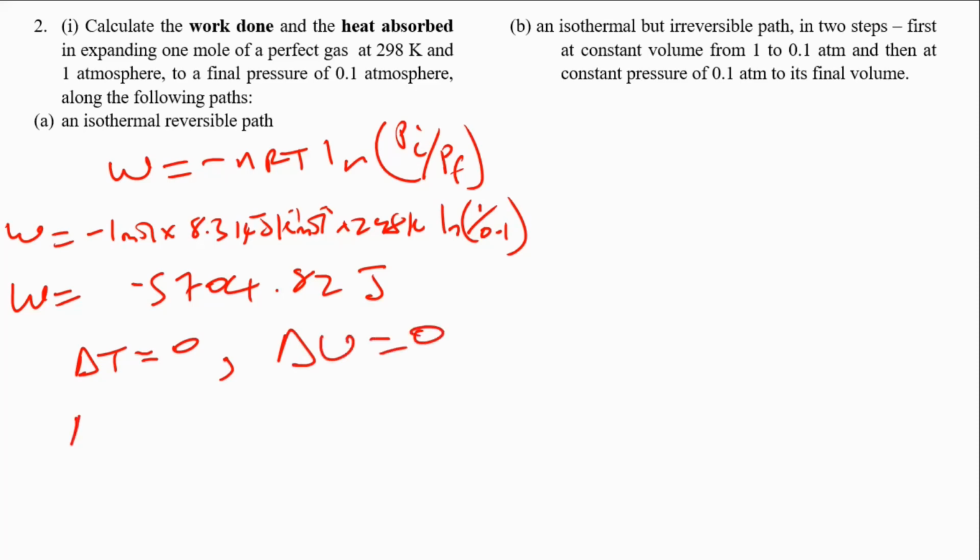And if delta U is equal to Q plus W, the only way that Q plus W could work out to be 0 is if Q is equal to W in terms of magnitude, but different in terms of direction. One is negative, the other is positive, and so when you put the two together, you end up with 0.